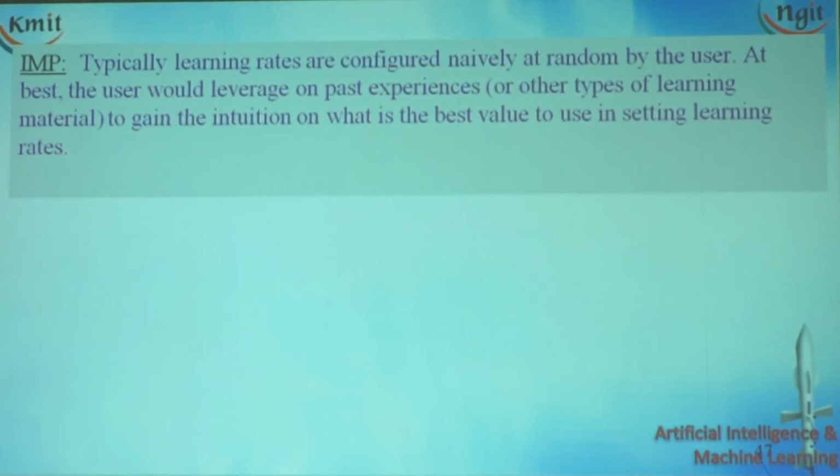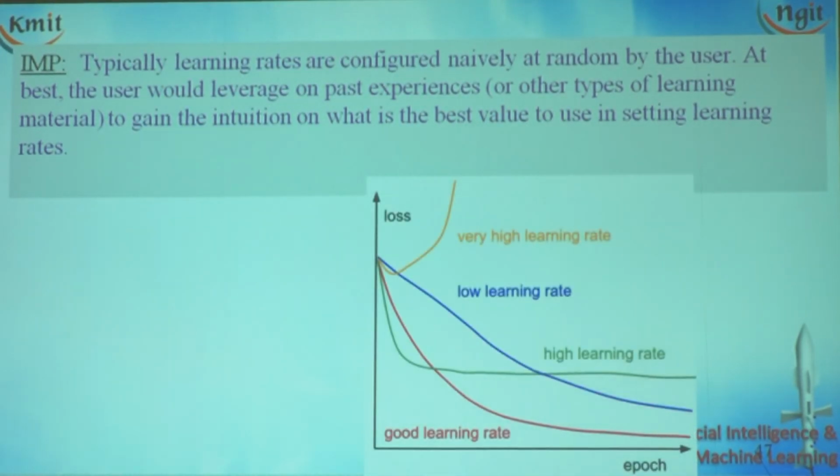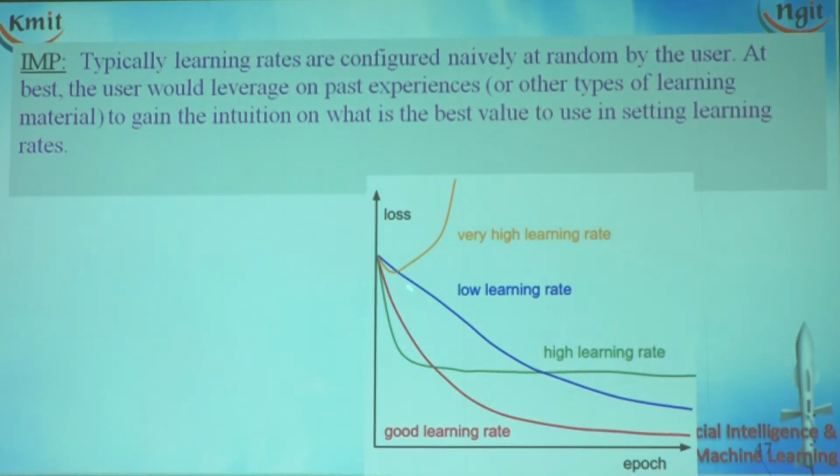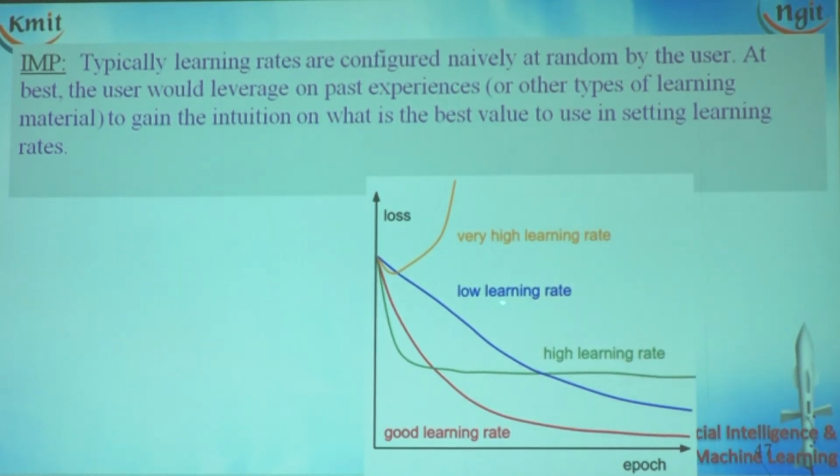See here how learning rate is affecting. If you take a low learning rate, the loss reduces gradually based on the number of epochs.